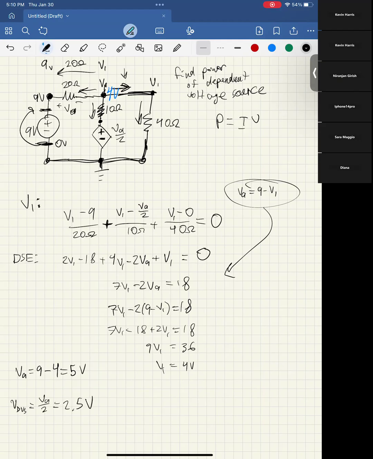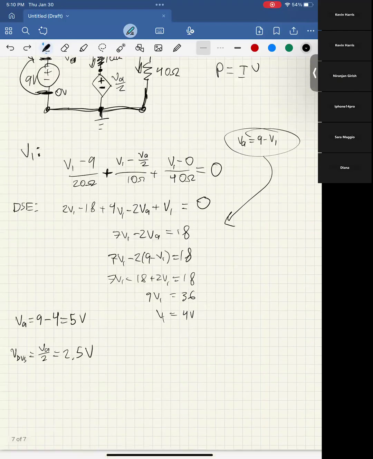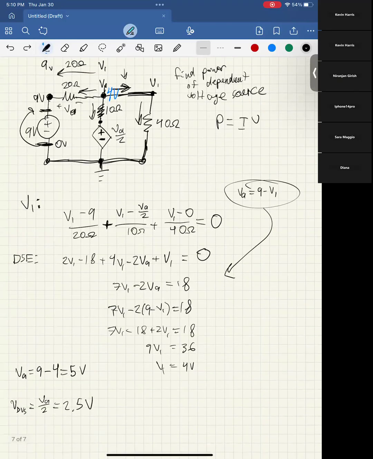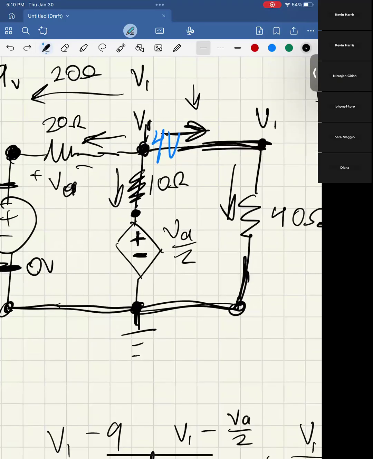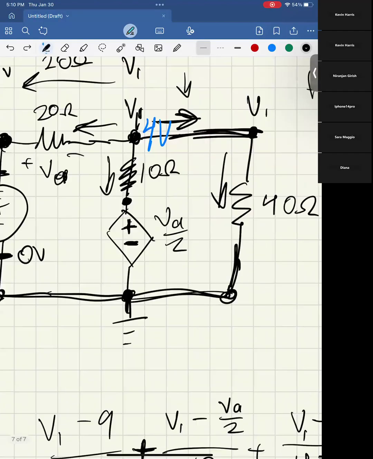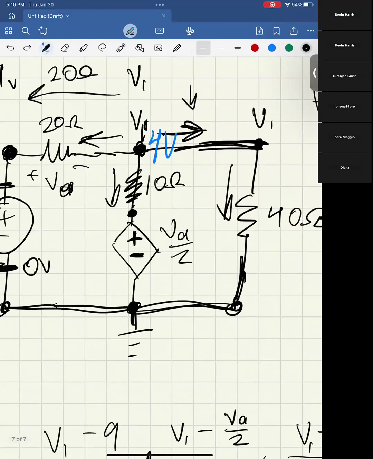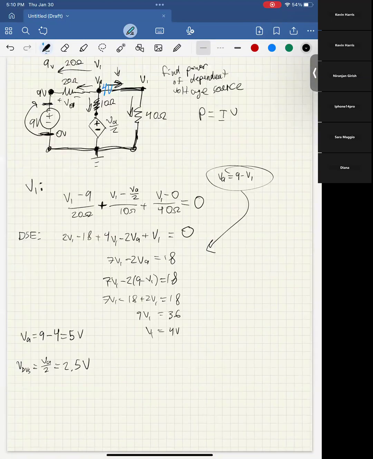Wow. And then last but not least, remember power equals the current times the voltage. So we also have to find the current. If we remember back here, we were looking at the current going out. When we were looking at the currents in general, it's the voltage at one point minus the voltage at the second point divided by the resistance, because current will flow between the voltages depending on what the resistance is.